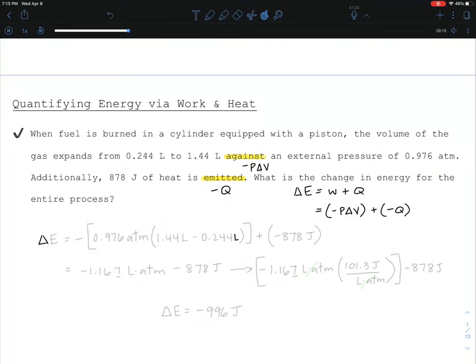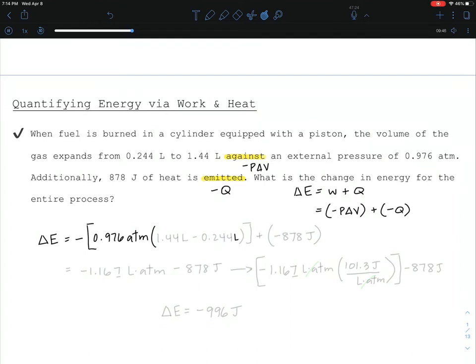So over here, I'm going to write the change in energy for the entire process is equal to negative P delta V. I'll put the negative on the outside and put my P delta V inside. My P, the external pressure I'm given, is 0.976 atmospheres times the change in volume. That's going to be my final volume minus my initial volume.